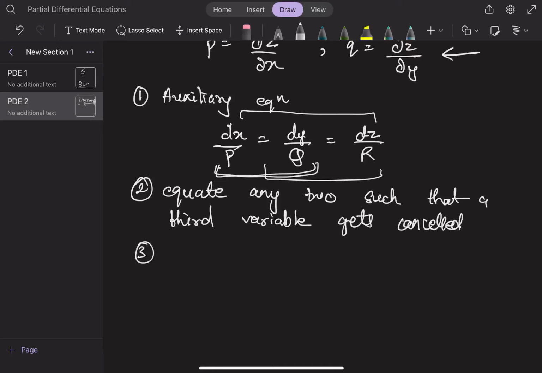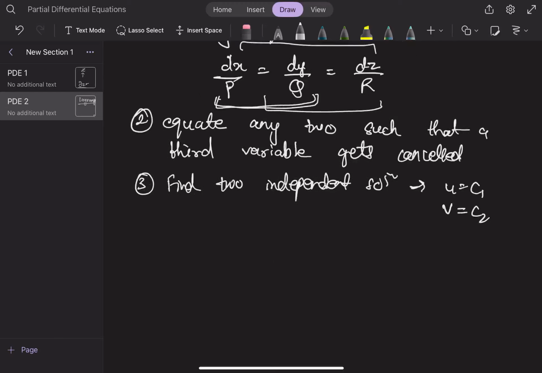And the third step is find two independent solutions. That will be u is equal to c1 and v is equal to c2. So you can write it as phi of u comma v is equal to 0, or maybe u as a function of v or v as a function of u.